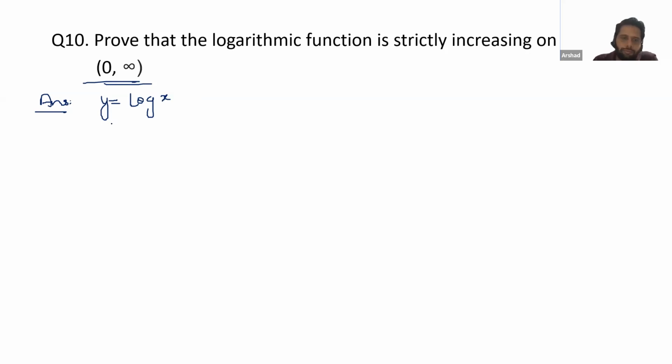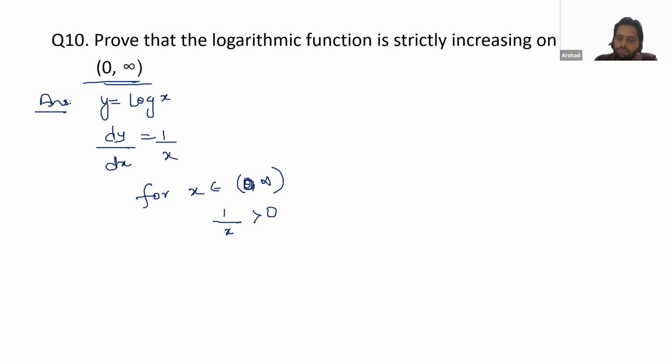I hope everyone has completed this. I will solve this. So dy by dx, you will get 1 by x. Now for x belongs to 0 to infinity, if you put any value between 0 and infinity, for example 2, 1 by x is always greater than 0, because 0 is an open interval.